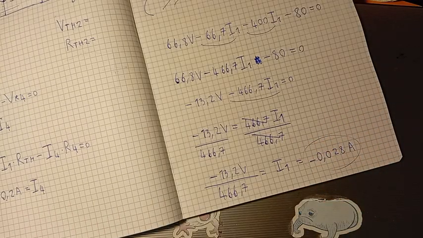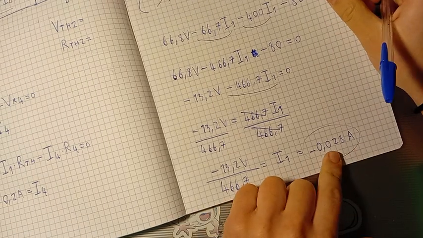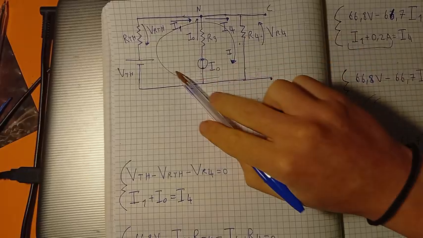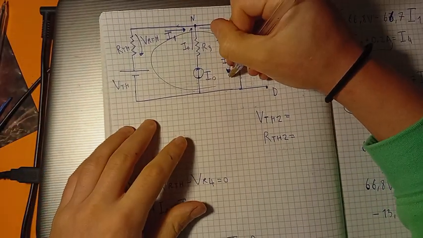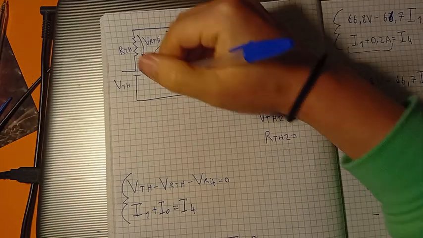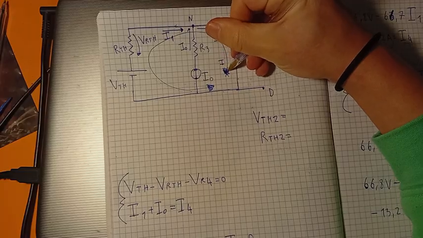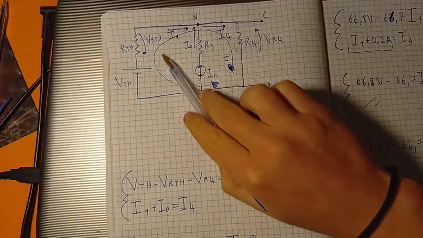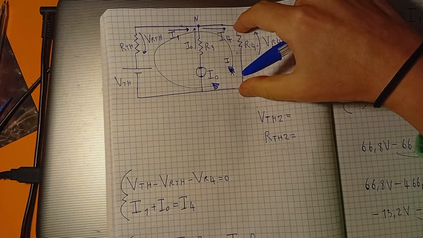What does it mean? Well, the value is correct, but it's just that I was wrong about the direction. The direction of current is not this, but in this other way. In this closed loop circuit, the current flows in this direction.